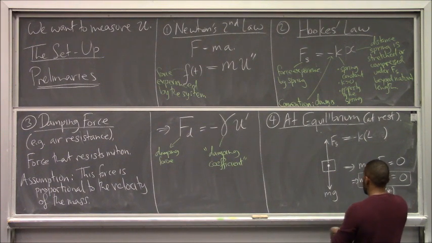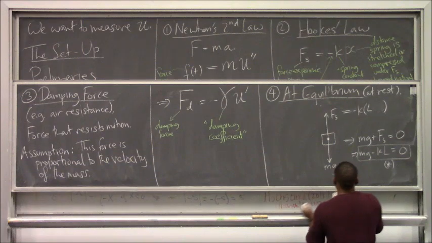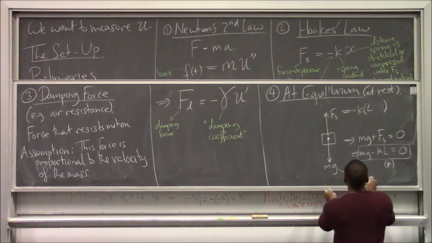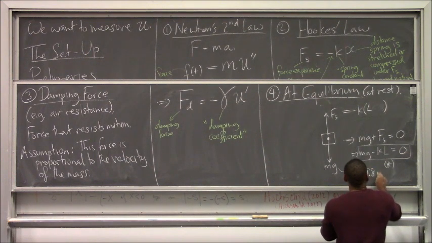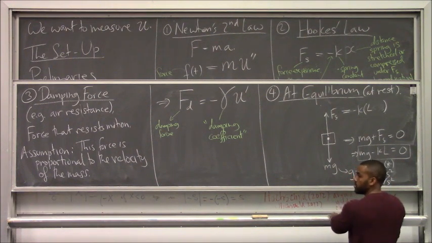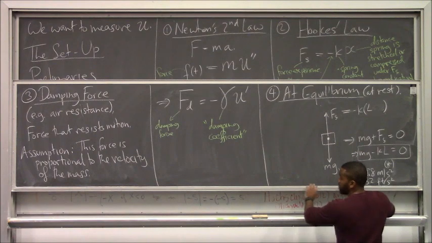Oh, g is going to be, remember down is a positive direction, so it's positive 9.8 meters per second squared, or positive 32 feet per second squared. Are we going to be considering springs on like a horizontal frictionless table? No, just the hanging spring.